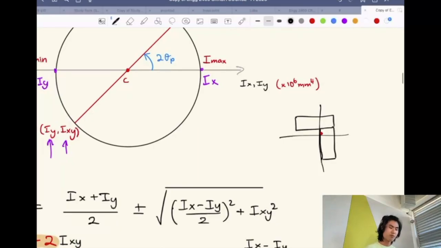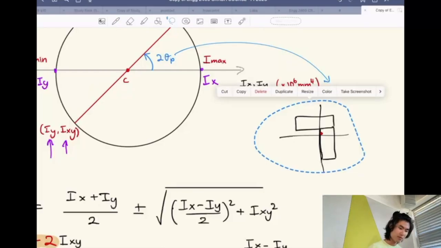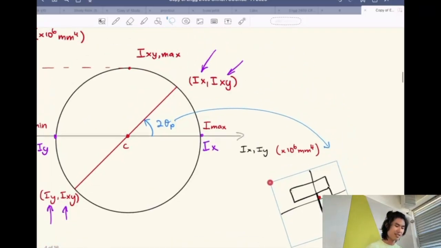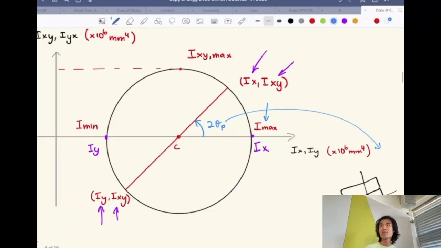Now, what this principal angle is saying is, if we were to rotate this, at what point would this shape have a product of inertia that is 0? So you're trying to basically find the Imax, the maximum inertia, and minimum inertia that a shape can handle.